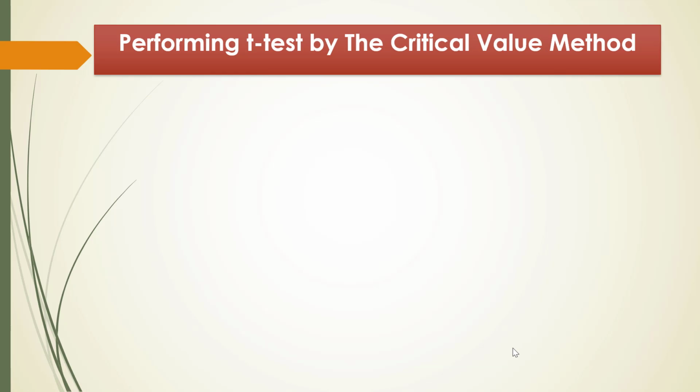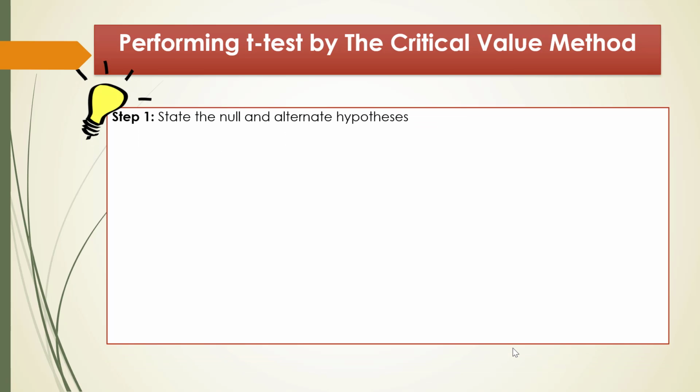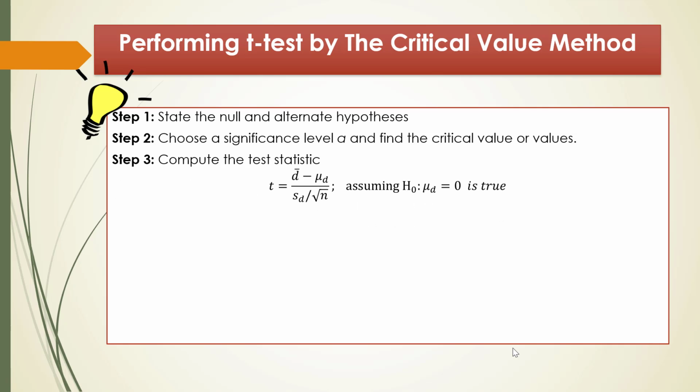Alright, so now let's perform the critical value method. The first step, we state the null and the alternate hypothesis. Step 2, we choose a level of significance alpha and find the critical values. Step 3, we compute the test statistic. Step 4, we determine whether to reject the null hypothesis or not.